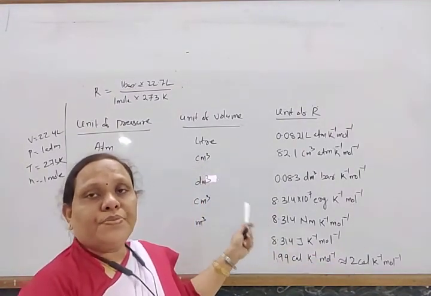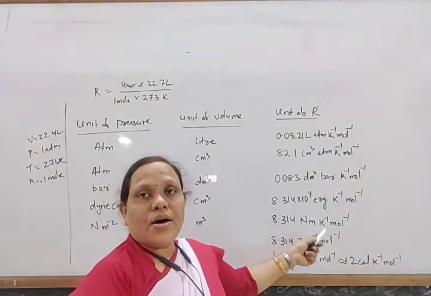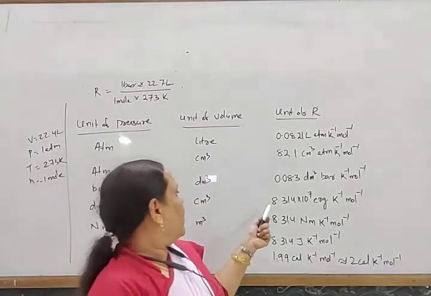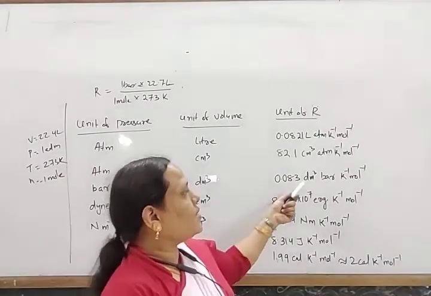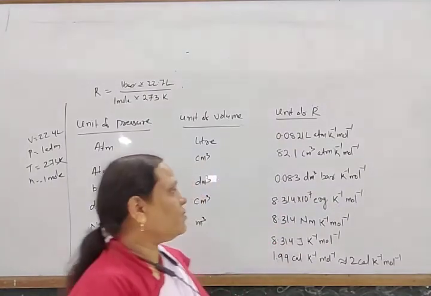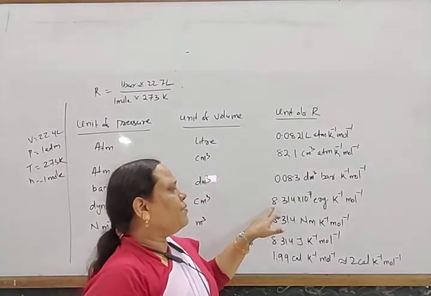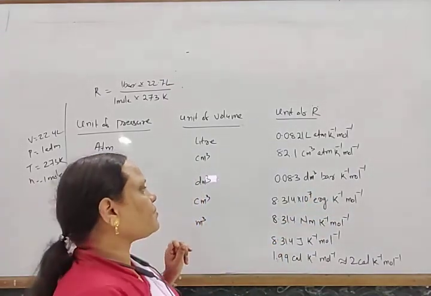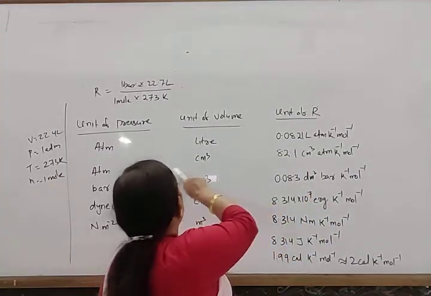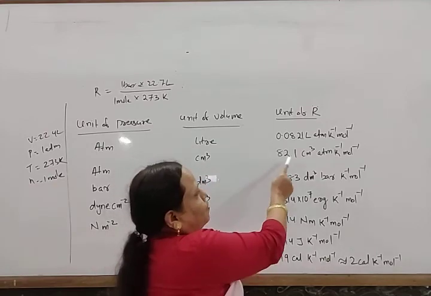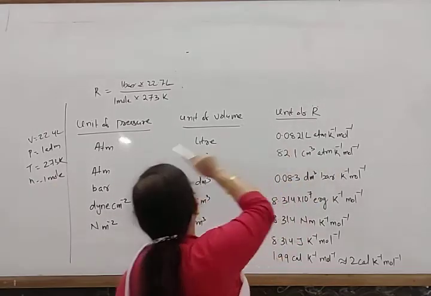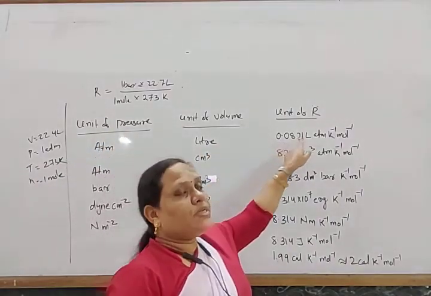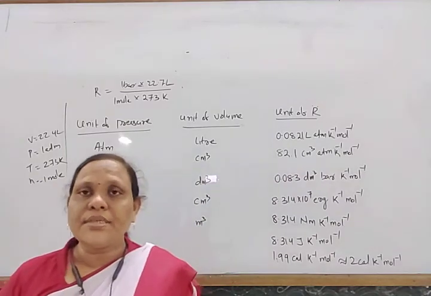In erg, 8.314 times 10 to the 7 erg Kelvin inverse mole inverse. In bar, 0.083 dm cube bar Kelvin inverse mole inverse, and in Pascal, 8.314 Pascal meter cube Kelvin inverse mole inverse. And in atmosphere and cm cube, 82.1 cm cube atmosphere Kelvin inverse; with pressure in atmosphere and volume in liter, the value is 0.0821 liter atmosphere Kelvin inverse mole inverse.